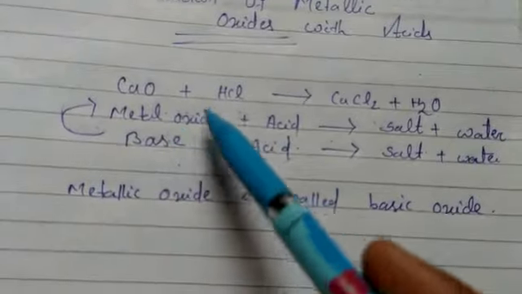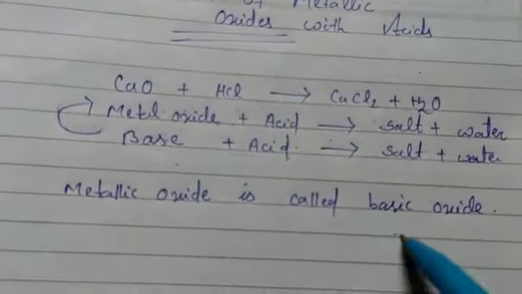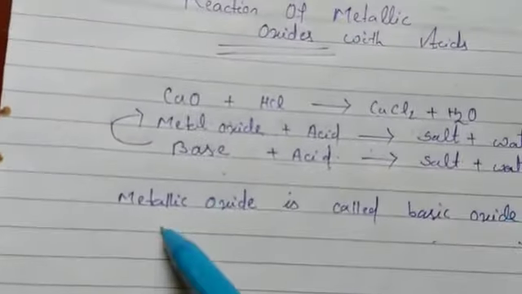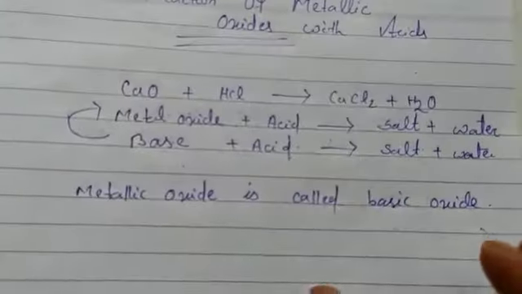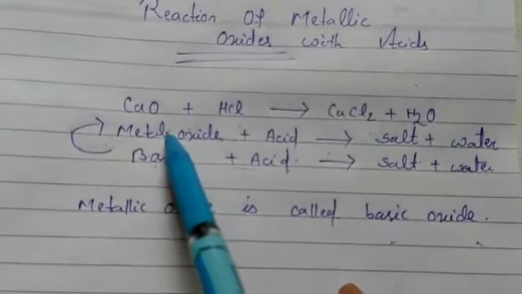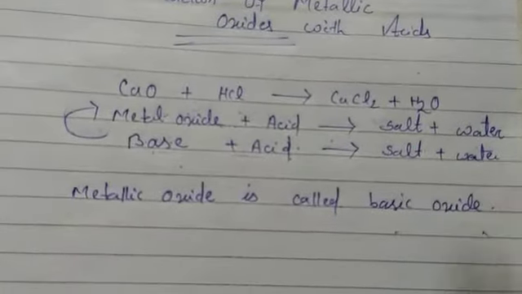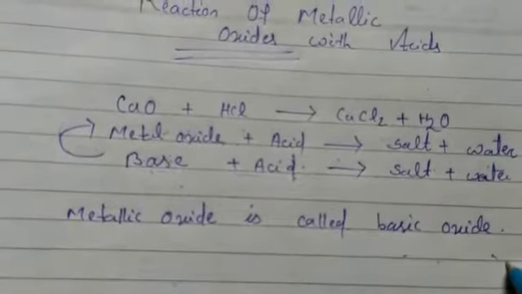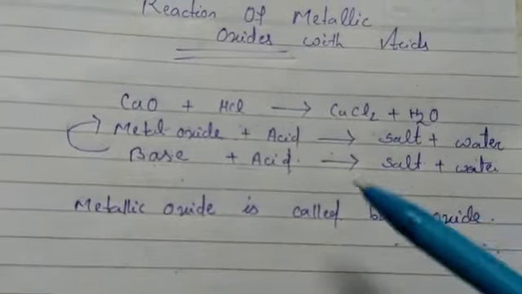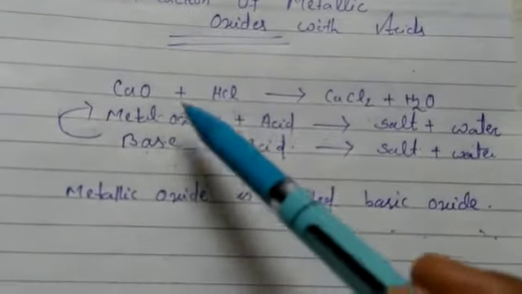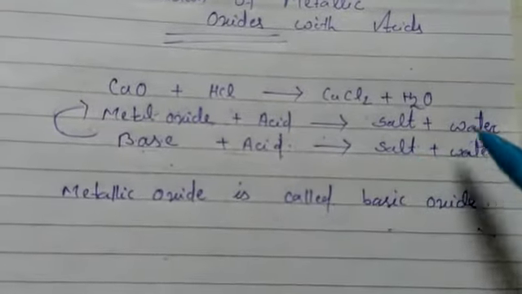So a metallic oxide is called a basic oxide, because instead of base, here we are using metal oxide and reacting it with acid to get salt and water. You are clear about it now: when a metallic oxide reacts with acid, it gives salt and water.